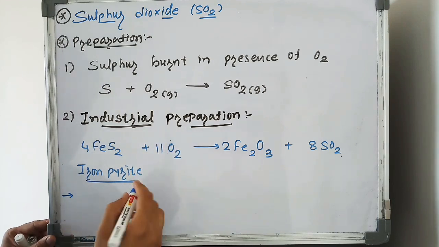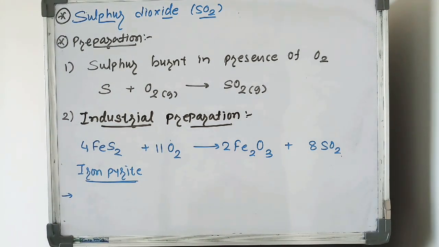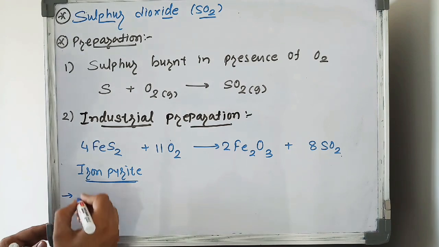Next preparation: sulfur dioxide is also obtained from sulfite ion.